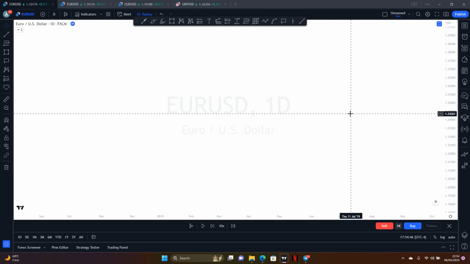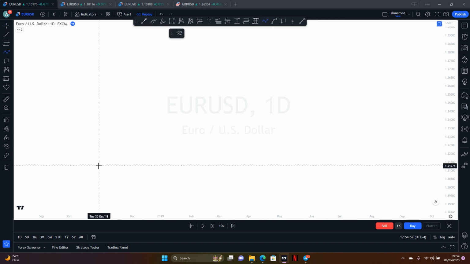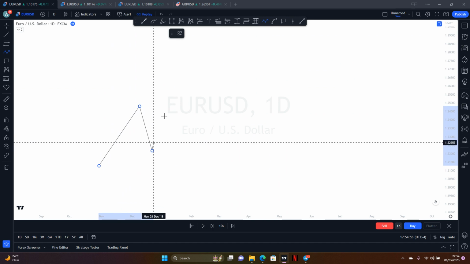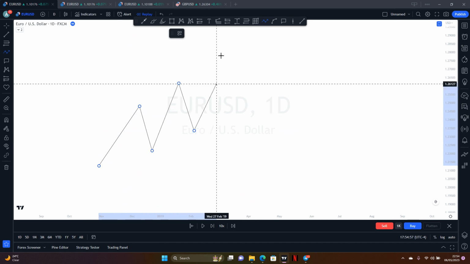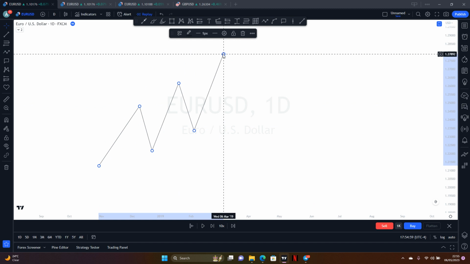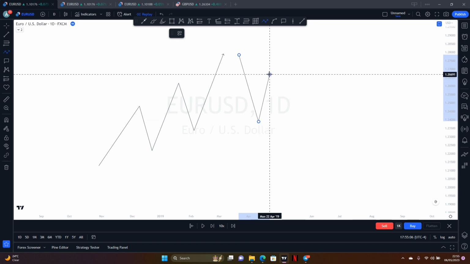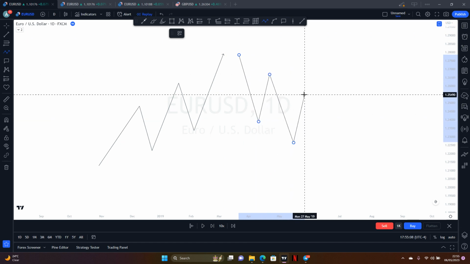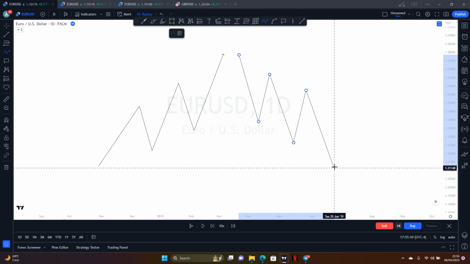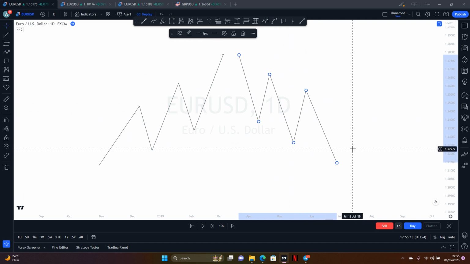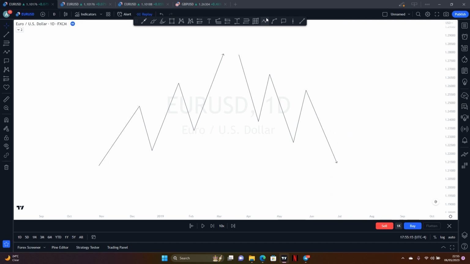Basically, there are three forms of market structure, like we all know. It's three. It's either an uptrend, or a downtrend, or a ranging market, which we call consolidation.